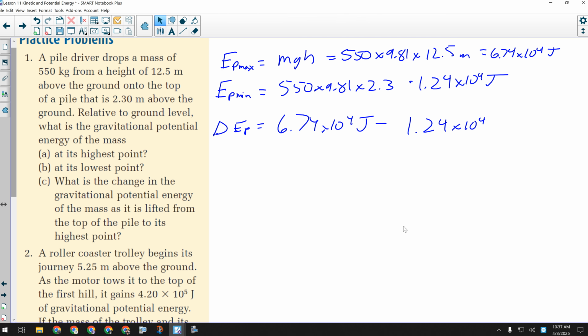All right, so we got 5.5 times 10 to the 4. And that's positive. It's being lifted, it's gaining that energy. Everybody all right with that?